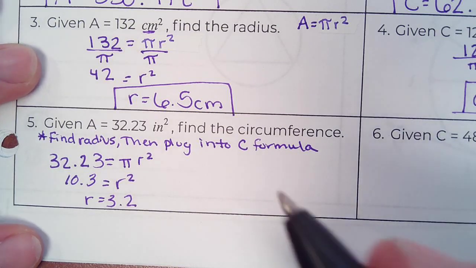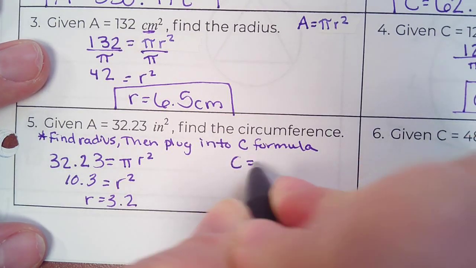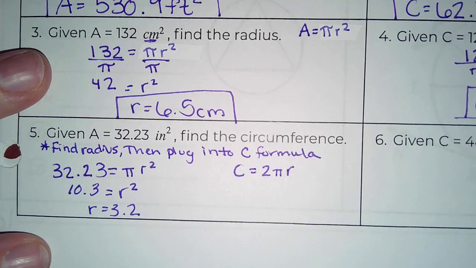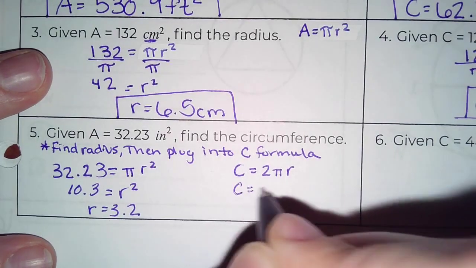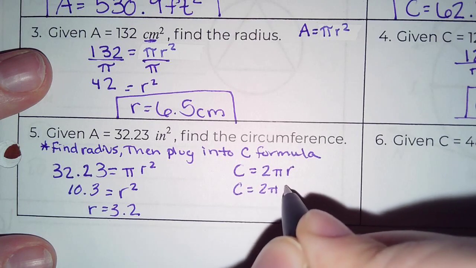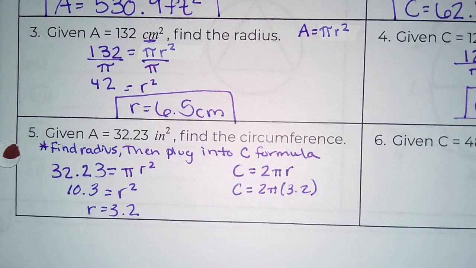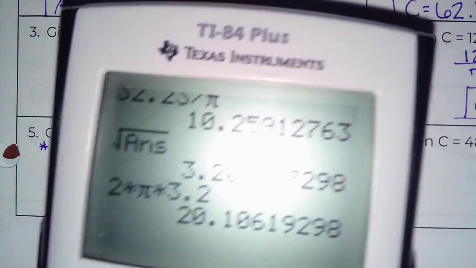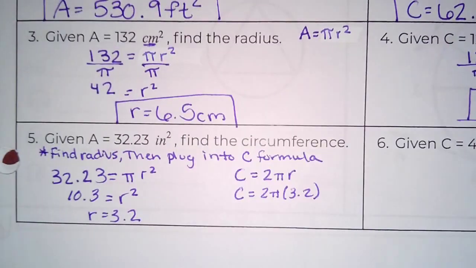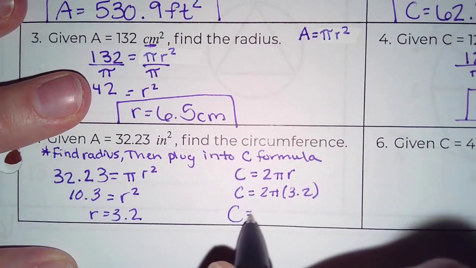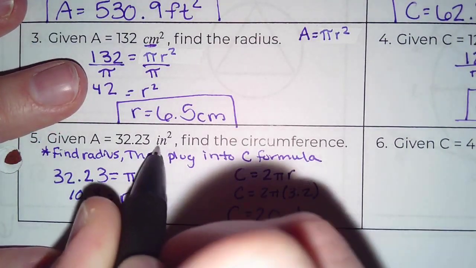Now I can plug that into my circumference formula. C equals 2 pi r. So C equals 2 times pi times 3.2. I'm getting 20.10, so 20.1 inches.